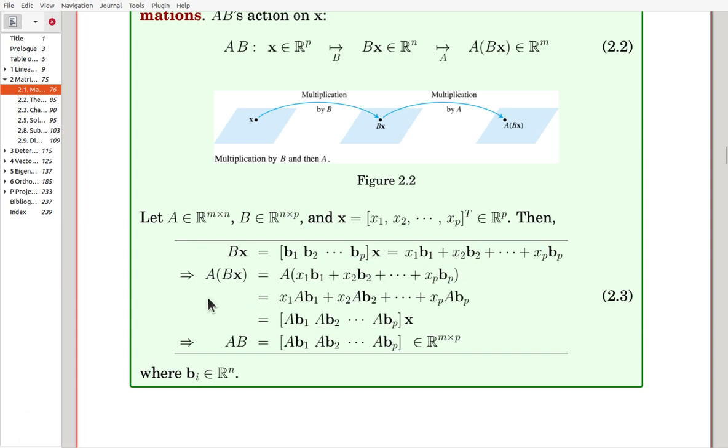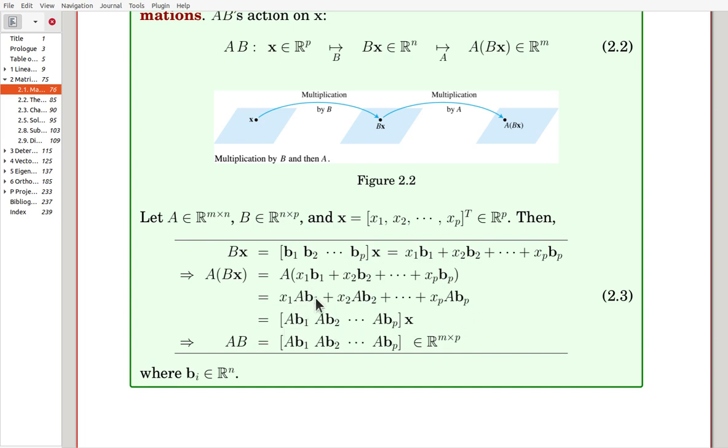Now we multiply by A. A is a linear transformation, so you can apply A to each of the vectors, each vector, so that we reach x1 A b1 and x2 A b2 and so on. Now again, this linear combination can be written in this form.